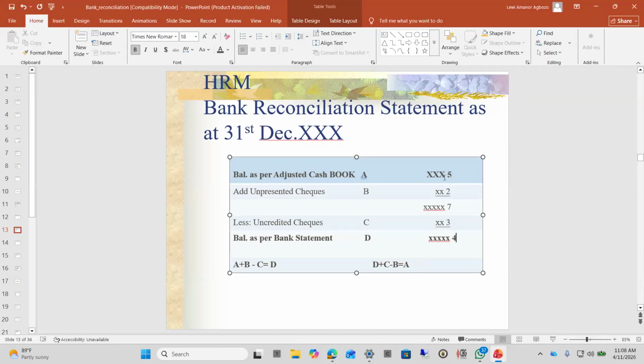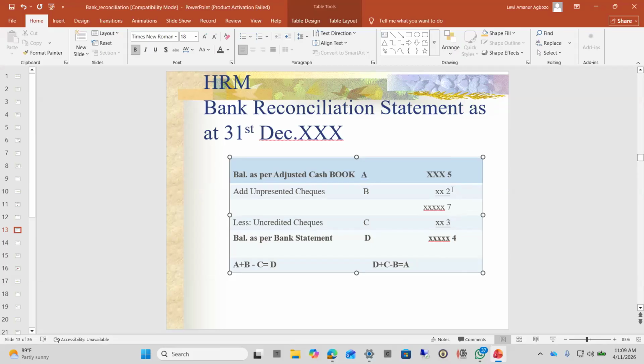So what we are saying is that assuming our cash book balance after adjusting gives us 5, and our total unpresented checks is 2, when we add it, it will give us 7. When you less the uncredited checks, which is 3, it will give you 4. Is that correct? Yes, sir. So turn it upside down and see whether you will get 5. That is 4 plus 3, it gives us 7.